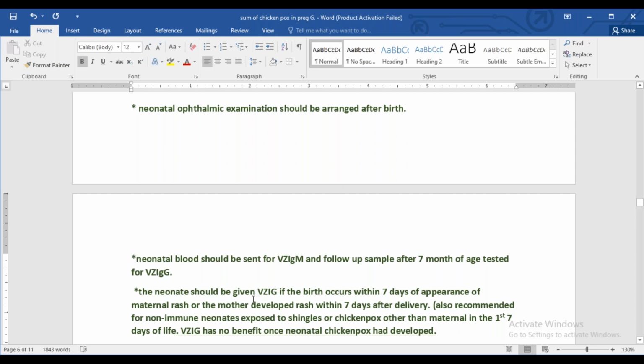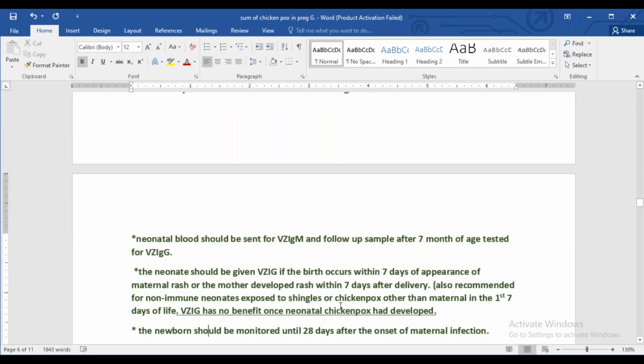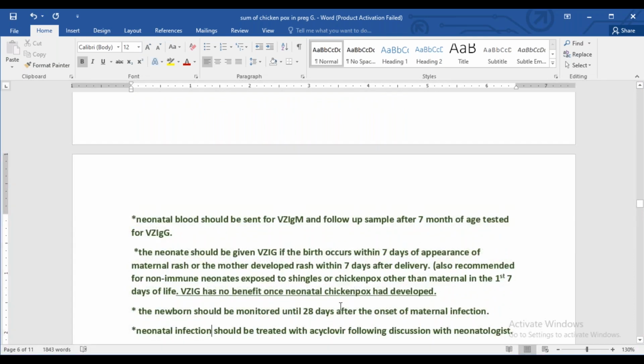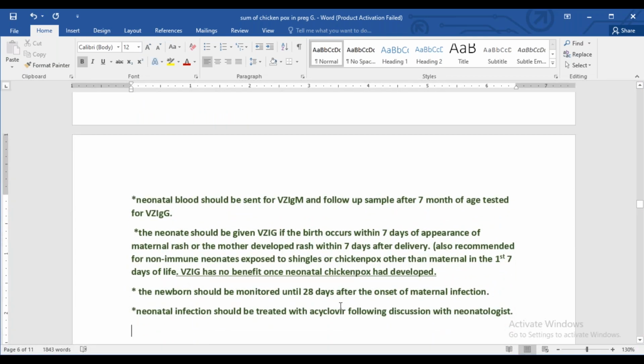And the neonate should be given varicella zoster immunoglobulin if the birth occurs 7 days after the appearance of the maternal rash, or the mother developed rash within 7 days after delivery, or the baby is known to be non-immune and has been exposed to shingles or chickenpox from a source other than the mother in the first 7 days of life. And as we know, there is no use of varicella immunoglobulin once the disease has developed.